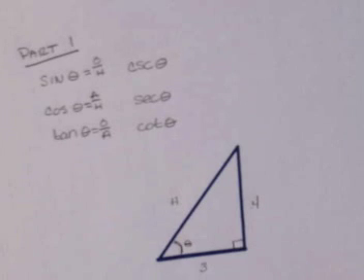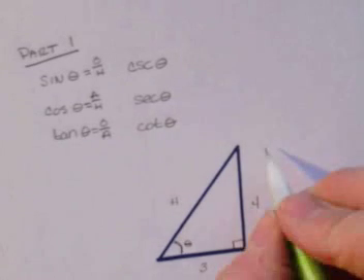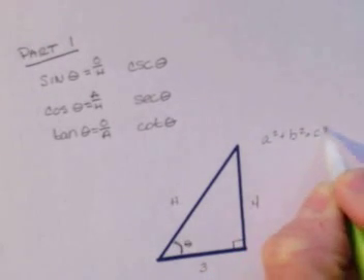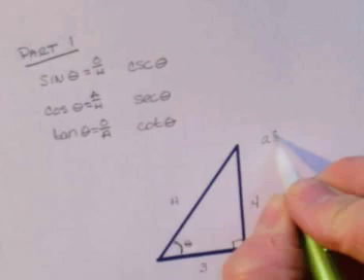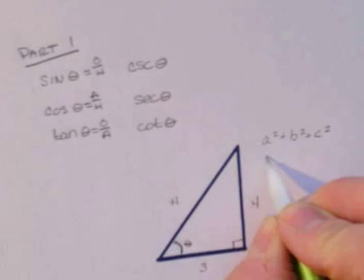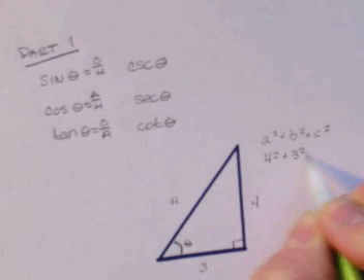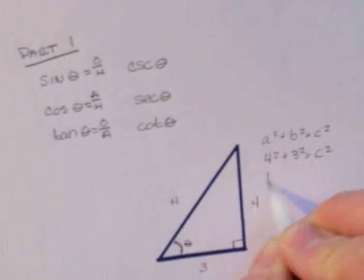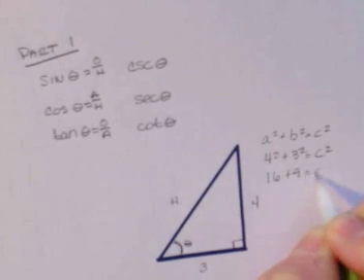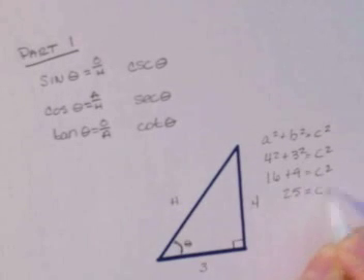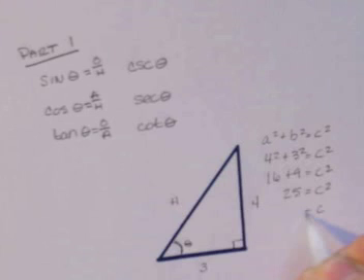So I can use my handy dandy Pythagorean theorem that says a squared plus b squared is equal to c squared to find the measure of my hypotenuse. 4 squared plus 3 squared equals c squared, which is 16 plus 9. So c squared is equal to 25, and c would be 5.